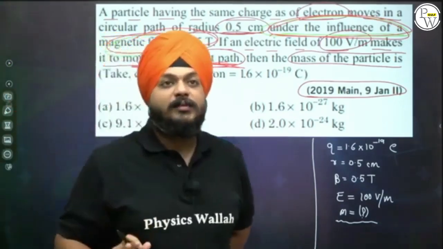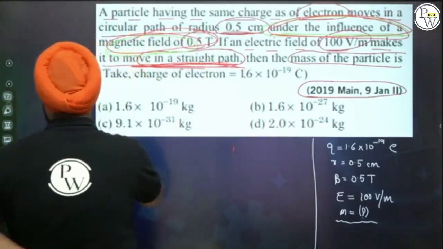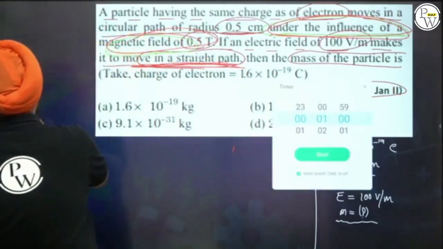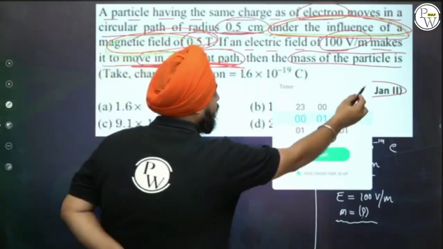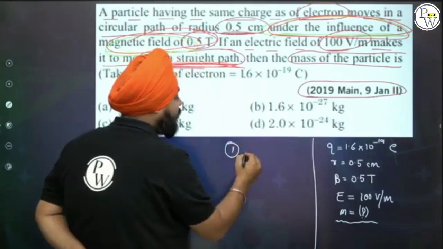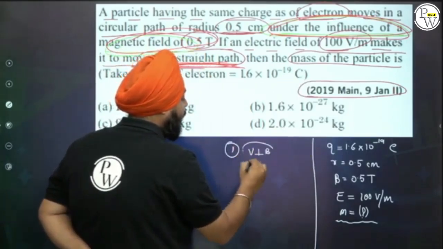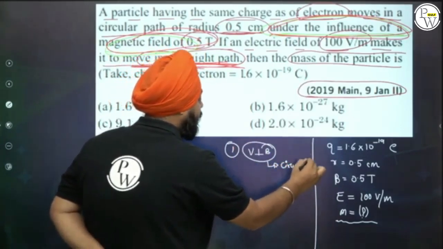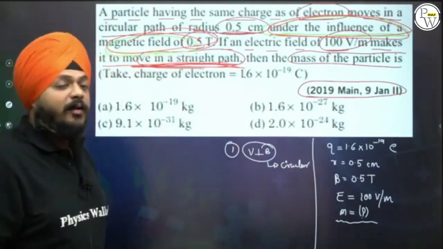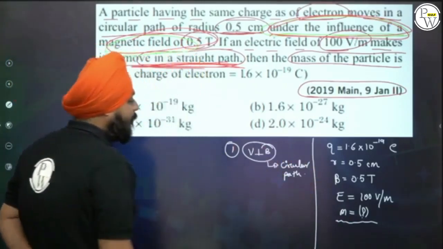Now, the two most important theories we are going to use: whenever a charged particle enters perpendicular to the magnetic field, it moves on a circular path.